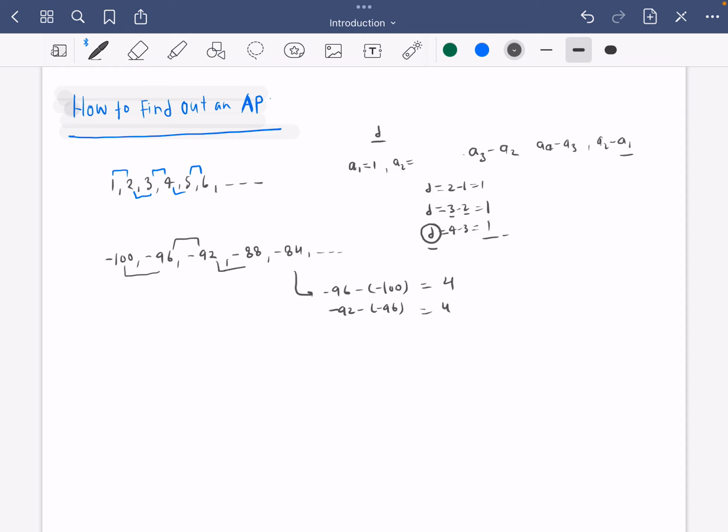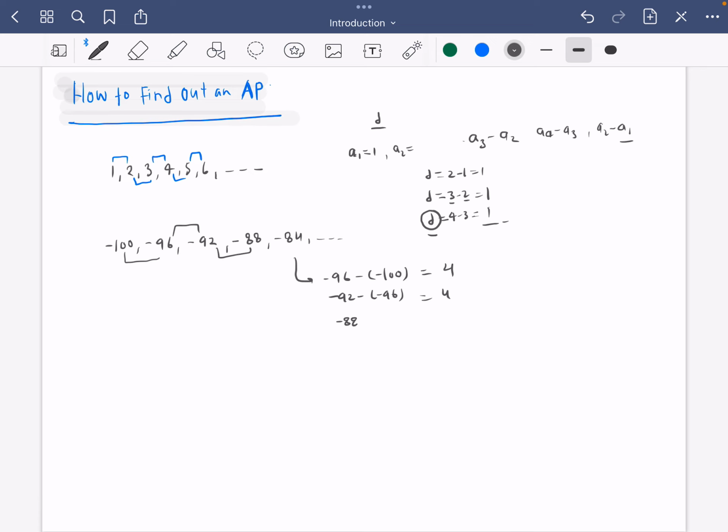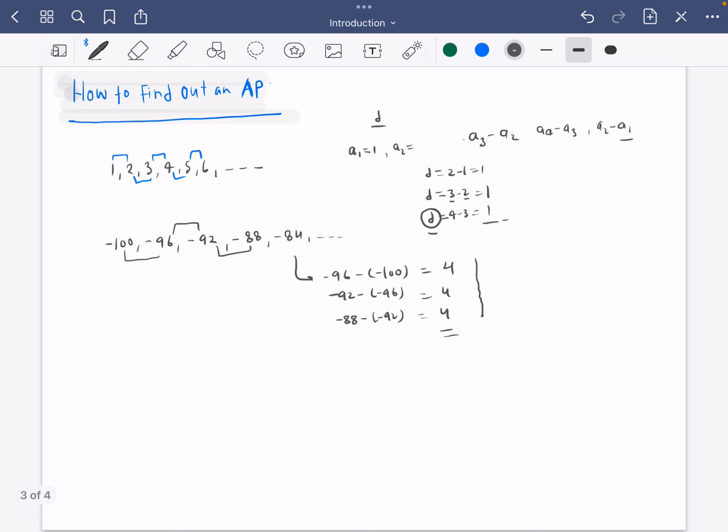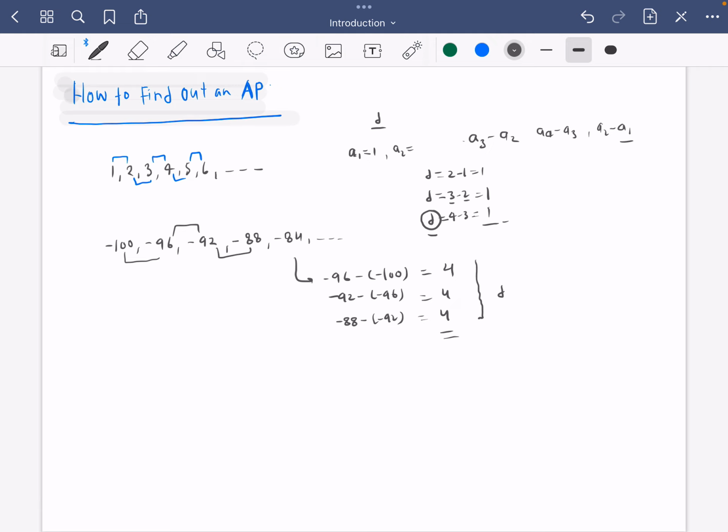Then these two terms in a row, -88 minus -92 is going to be 4, so it's always the same D. That's how an AP works. The difference between two numbers in a row is always going to be the same. So if you want to find out whether these numbers are in AP or not, you just find out the common difference. If it's the same everywhere, then the numbers are in AP.